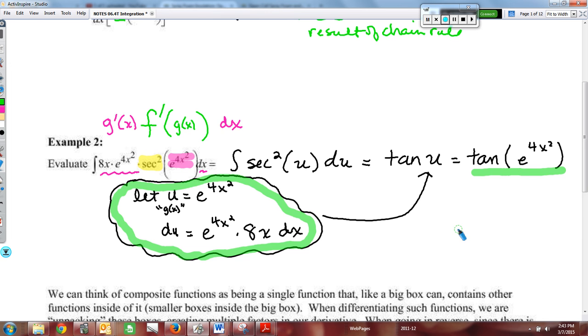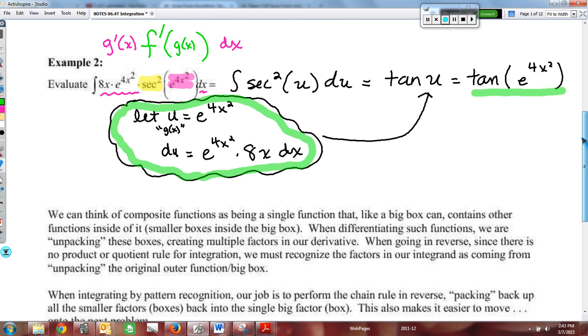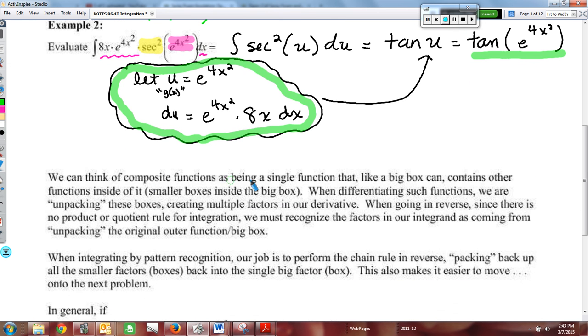So what we're basically doing is thinking of composite functions as a single function that is like a box and has other functions inside of it. When you take the derivative of these functions, you unpack the boxes, you unpack the derivatives of each of the boxes.